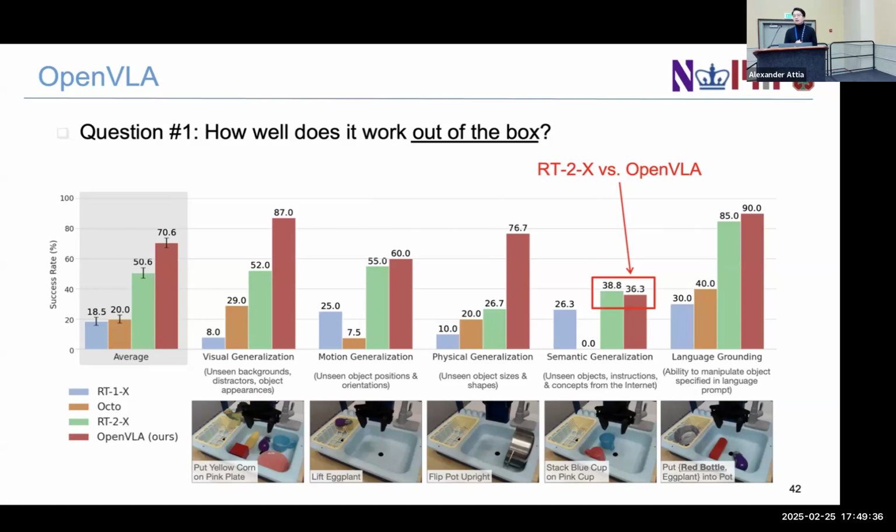And the main reason, as described by the authors, was that RT-2-X was using pre-trained VLMs, and they are doing large scale co-fine-tuning. And the knowledge learned in those VLMs can be nicely deployed in these scenarios to handle the generalization requirements on a semantic level. Whereas OpenVLA was not pre-trained on those large scale vision language data sets. So that's why it doesn't provide as good semantic generalization as RT-2-X.